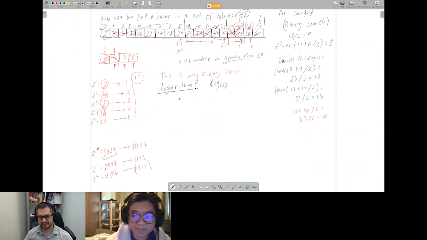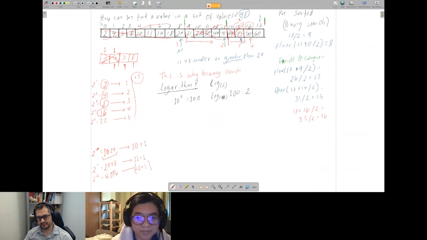So a logarithm is, let's say, if we have 10 to the power of 2, that is 100, right? So the logarithm, since it's the inverse of this, we're going to say the logarithm of base 10 of 100 is 2.